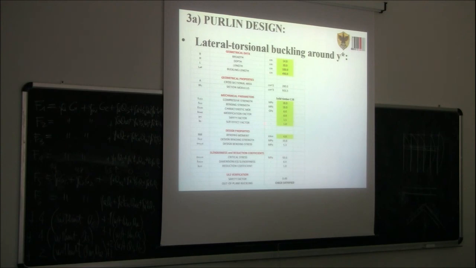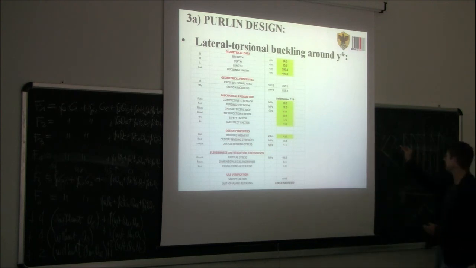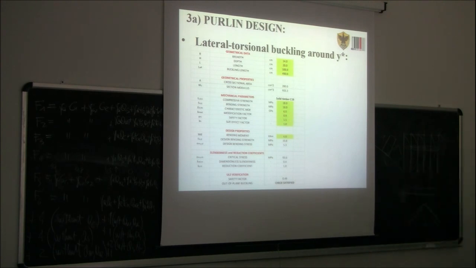You would see, for example, that talking about lateral torsional buckling around Y, so if this is our beam, we are talking about lateral torsional buckling in this direction, this way. You see at the end you have a K crit reduction coefficient of 1.